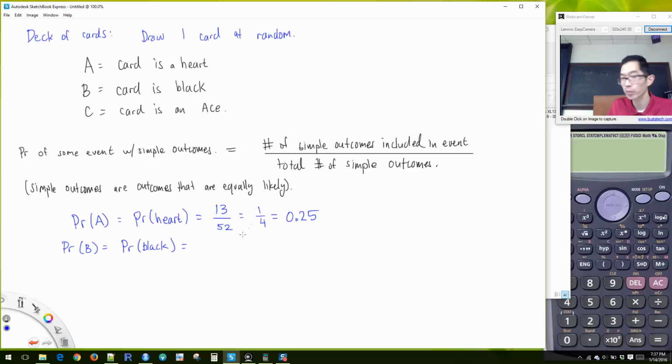How many cards are black? 26 out of 52, so 1/2, and the probability there is 0.5.